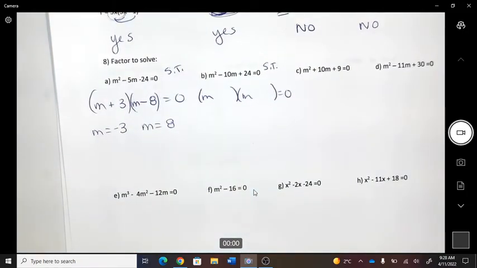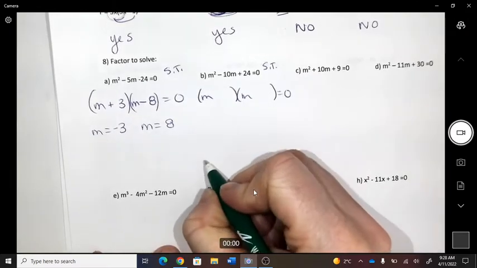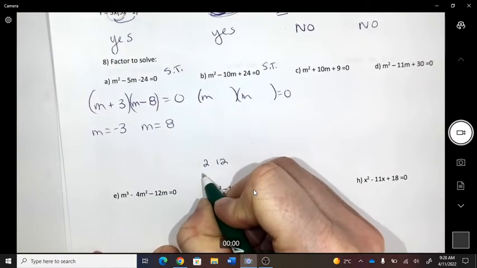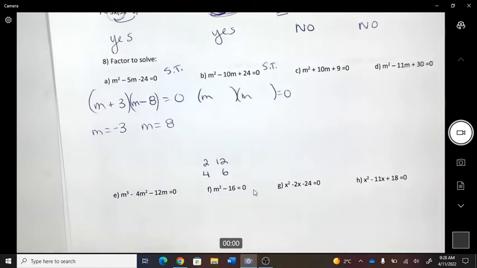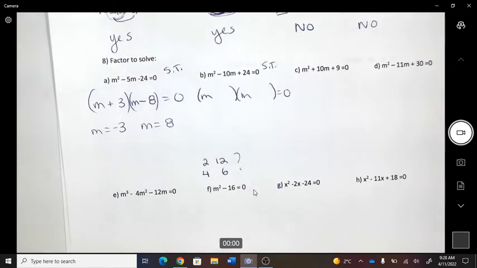Multiplies to positive 24, and it must make a negative 10. So we have to be careful here. There's almost two sets. 2 times 12 is 24. That would make a 10 somehow. 6 times 4 is 24, and it could make a 10.